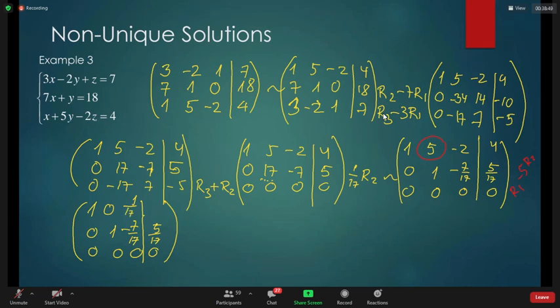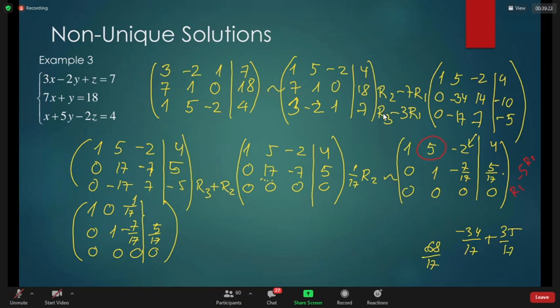Because minus 34 over 17, that's the 2, that's arithmetic. And if I add minus 5 times 5 over 17, that is, I am adding this number. So 5 times minus 5 is minus 25 over 17. And instead of 4, it would be 4 times 17, 68 over 17, minus 25 over 17.